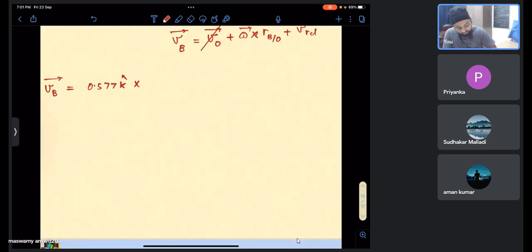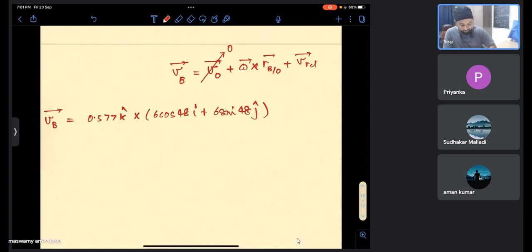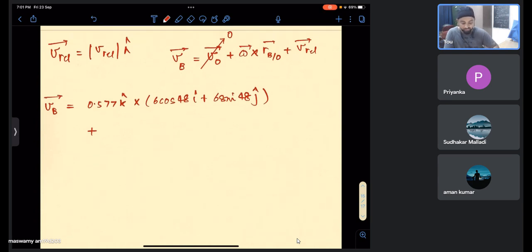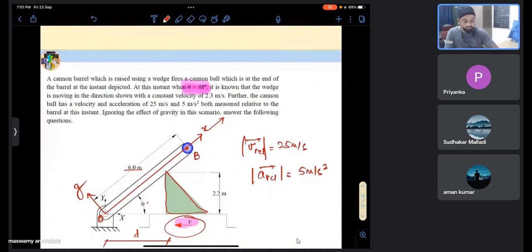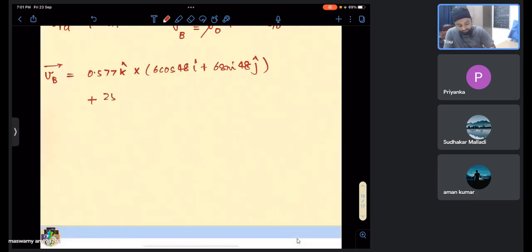So it is nothing but 6 cos 48 i plus 6 sin 48 j, plus VREL. VREL vector can be thought of as VREL magnitude into its unit vector. The unit vector is along the barrel only. Magnitude is given to be 25. So it is nothing but 25 into cos 48 i plus sin 48 j.